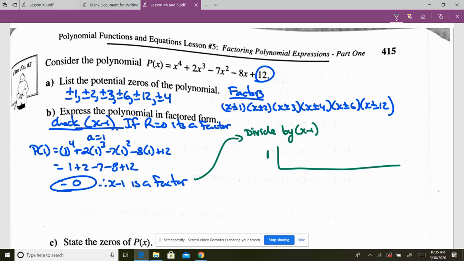Do the exponents go down in order? Yes, they do. So 1, 2, negative 7, negative 8, 12. And then just do synthetic division. And we get a remainder of 0, which confirms what we did over here.